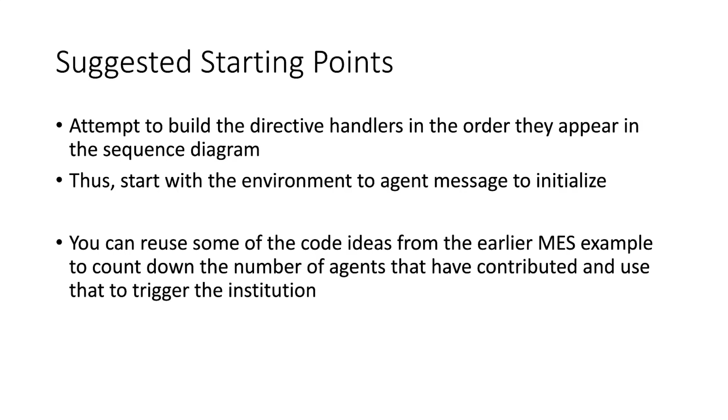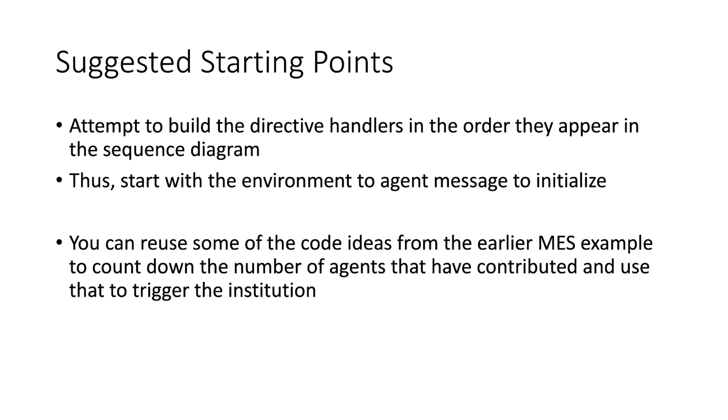So what are some starting points for this? An easy way to start, or what we would recommend based on your current state of learning in mTree, is to start the construction of the directive handlers in the order they appear in the sequence diagram. This can generally help because it can make it easier to start to debug the code until you're more confident in your understanding of how mTree does things.